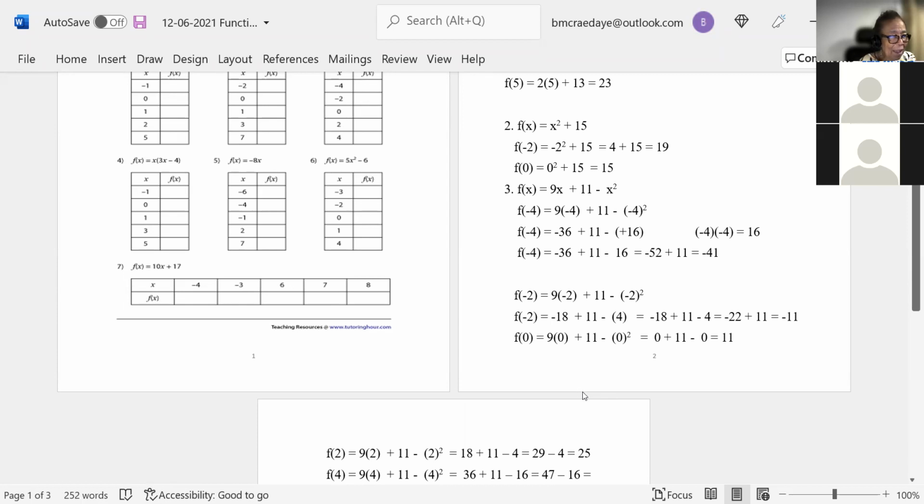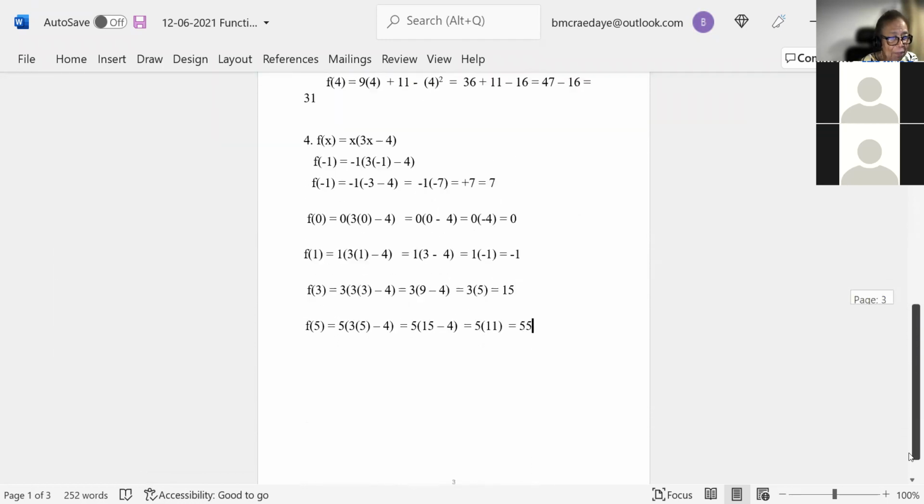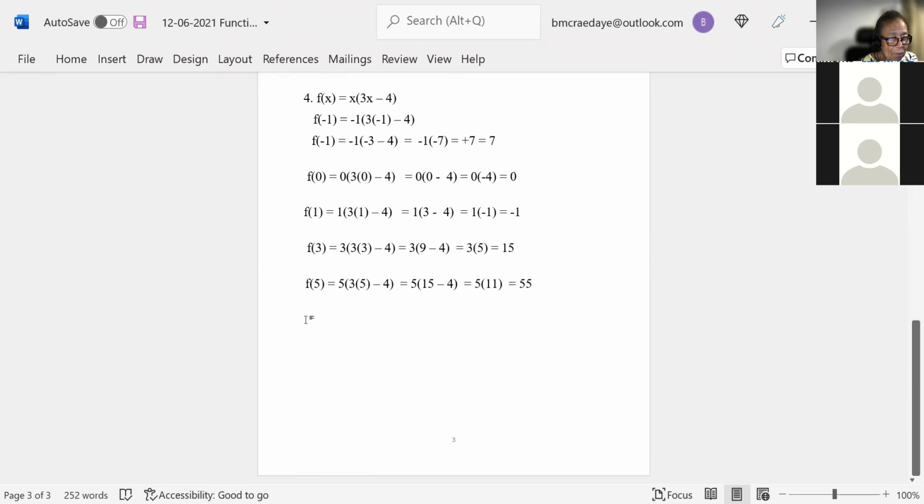Yes. All right. Now, let's see if you can do number 5. F of x equals minus 8x. So let's just copy that for number 5. F of x equals minus 8x.